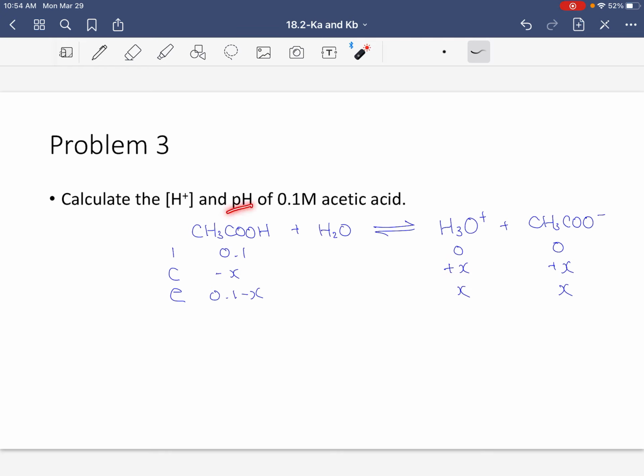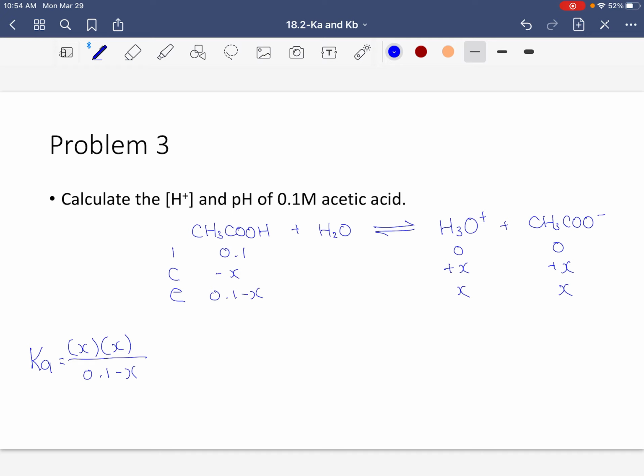to get the pH. So I need to write my Ka expression at equilibrium. So Ka is equal to x times x, so that's x squared, over 0.1 minus x. And I want to find x. And you're probably thinking, what's Ka?